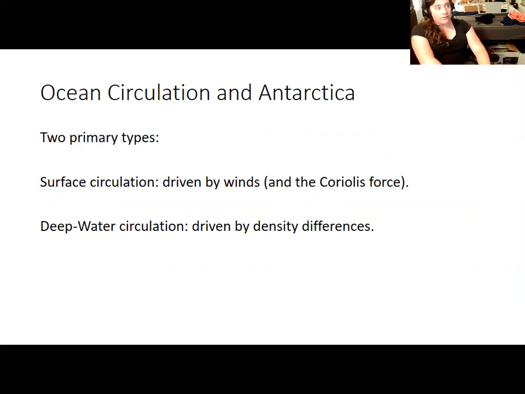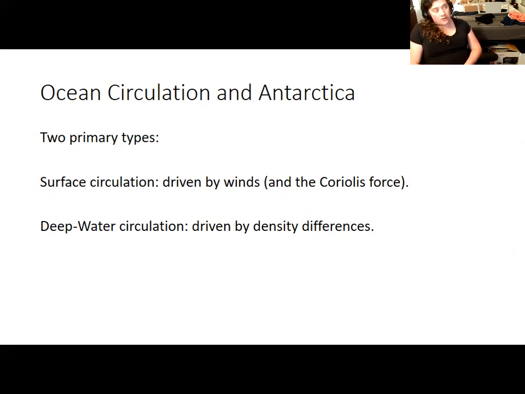And we start with air circulation actually before, because it turns out that one of the two primary types of movement of ocean water is mostly driven by air. There are two ways in which the water in the ocean moves. Either water at the surface is moved around by a combination of winds and the Coriolis effect, and the Coriolis effect determines which direction the currents go in, which we will talk about next.